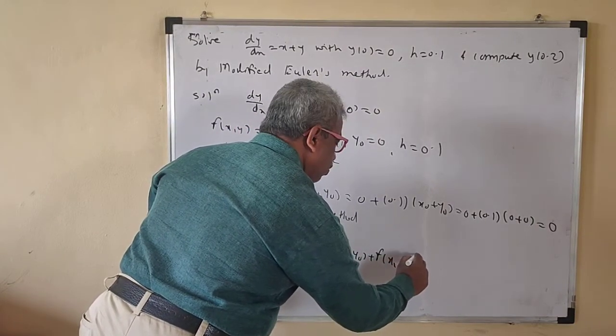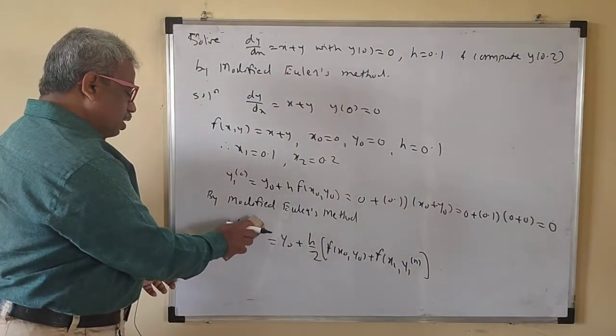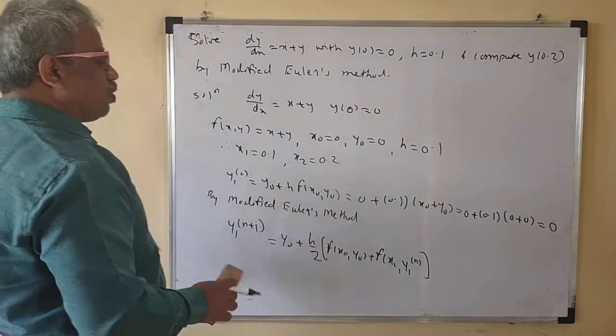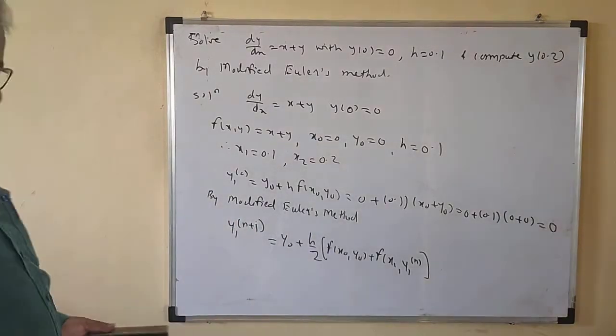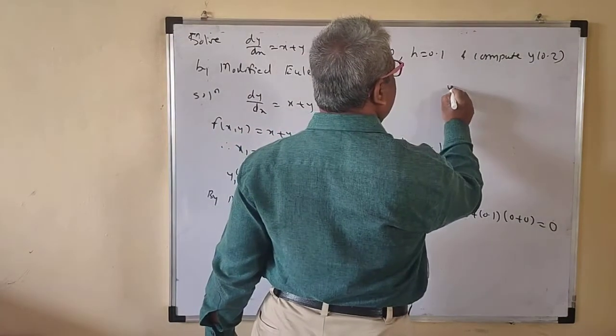Okay. So this is the iteration formula. We'll apply this iteration formula to find y1 of 1, y1 of 2 and so on. Okay. So we'll find y1 of 1 now.